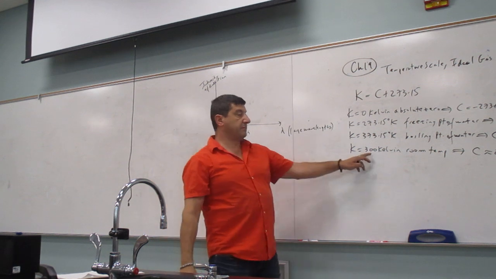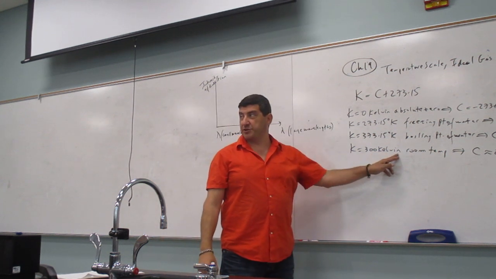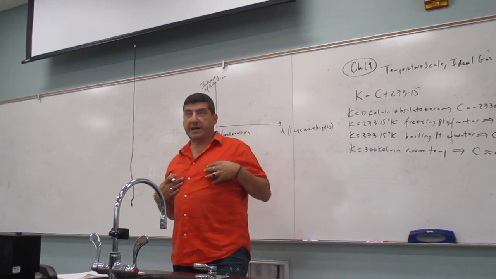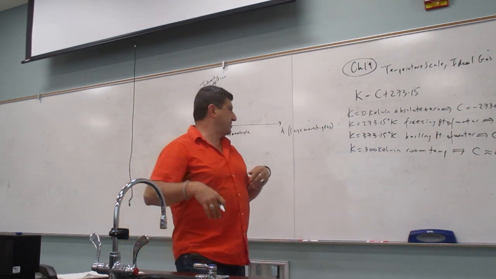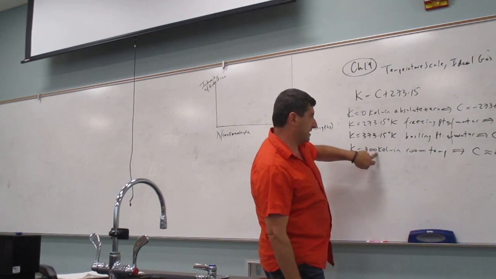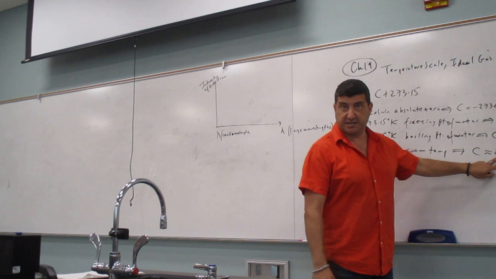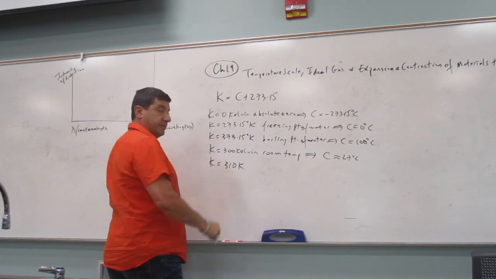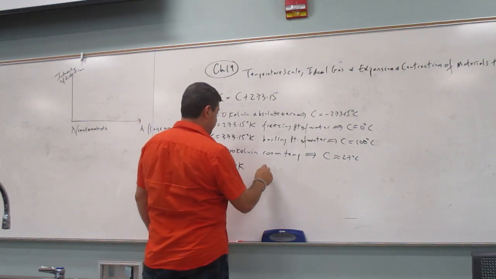So what would be the blackbody radiation spectrum of a 300 Kelvin object? Well, that would be like our body. Well, our bodies are a little bit hotter, right? What are our bodies? Our bodies are 37 Celsius, right? So we're 310 Kelvin. So that's body temperature.